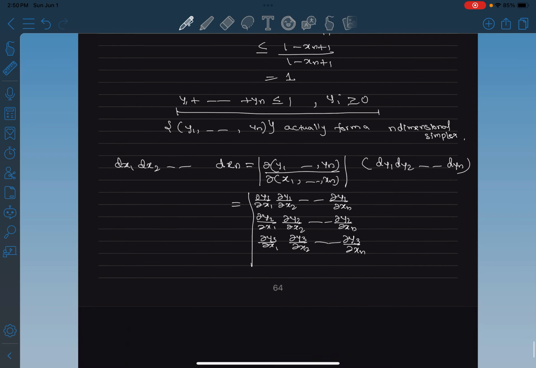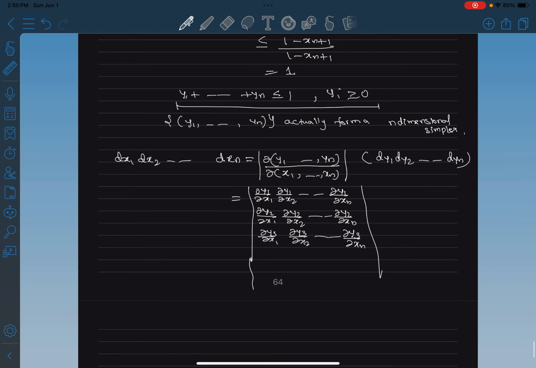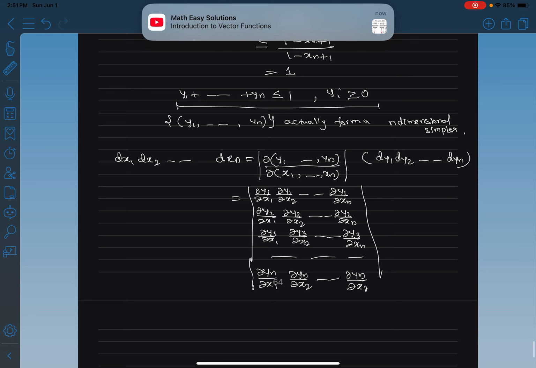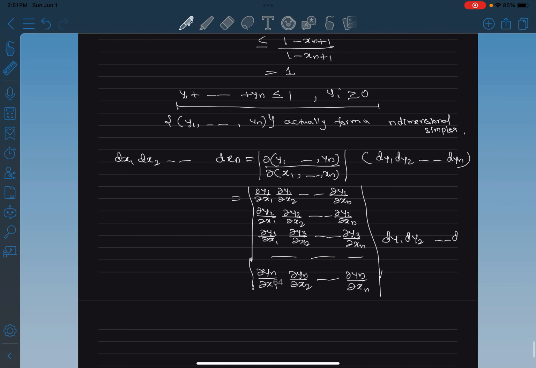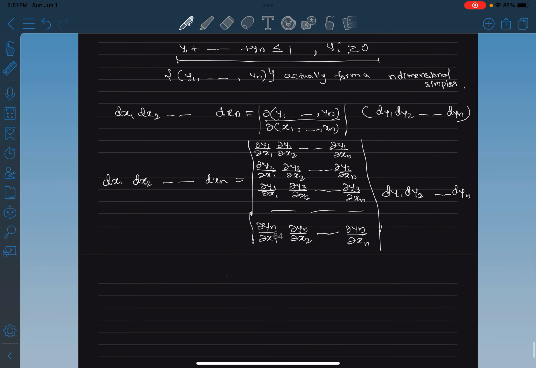Similarly, this goes on up to yn, and for yn also we will have all the x's, right? And then there's dy1, dy2 up to dyn, and over here dx1, dx2 up to dxn, right? Now let's try to find this Jacobian.